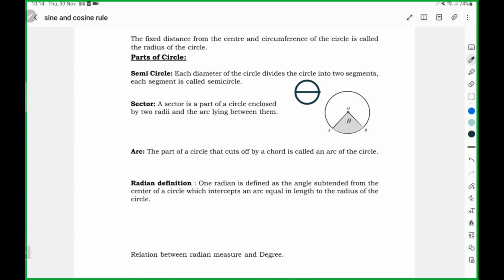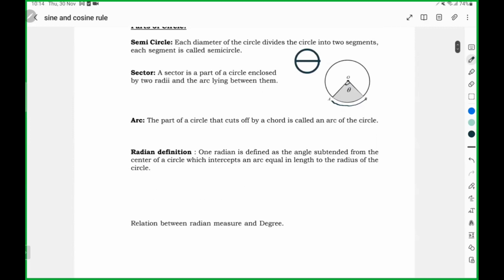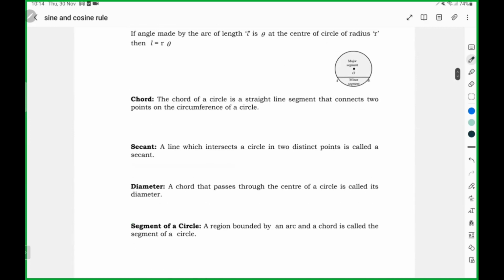Sector means a part of the circle, right? And arc means this AB is the arc. There is a difference between a chord and a secant. So if you take this circle, here a chord is a line segment that is part of the line within the circle.